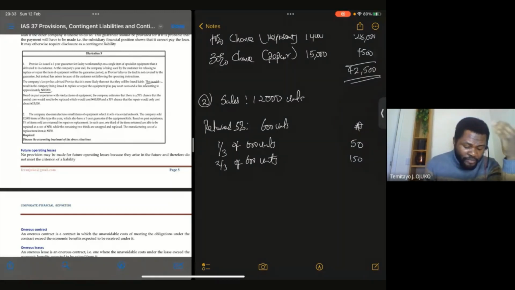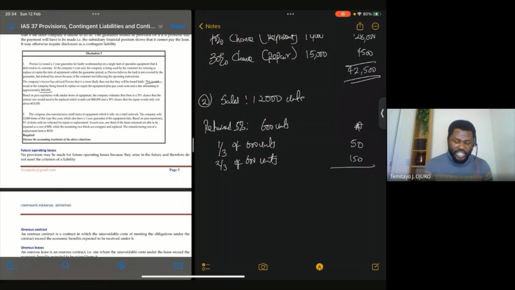Based on past experience, 5% of items sold are returned for repair or replacement. In each case, 1/3 of items returned are able to be repaired at a cost of 50, while the remaining 2/3 are scrapped and replaced. The manufacturing cost of a replacement item is 150. So I'm going to be assuming in this case that to repair 1/3 is 50 and to replace 2/3 is 150, not per unit, because the question did not say per unit.